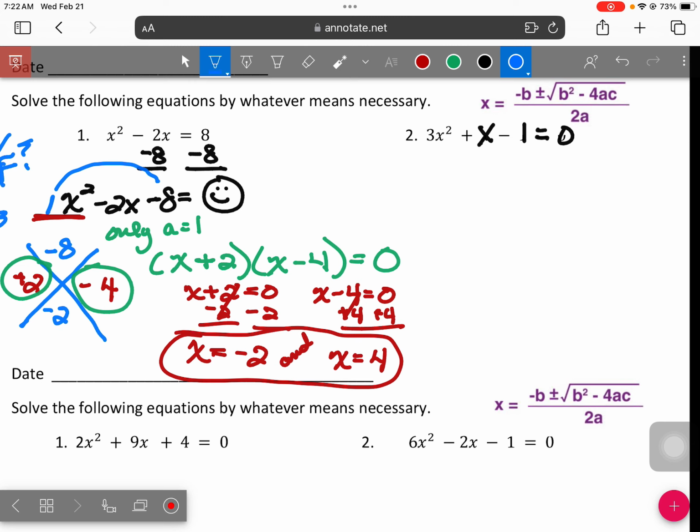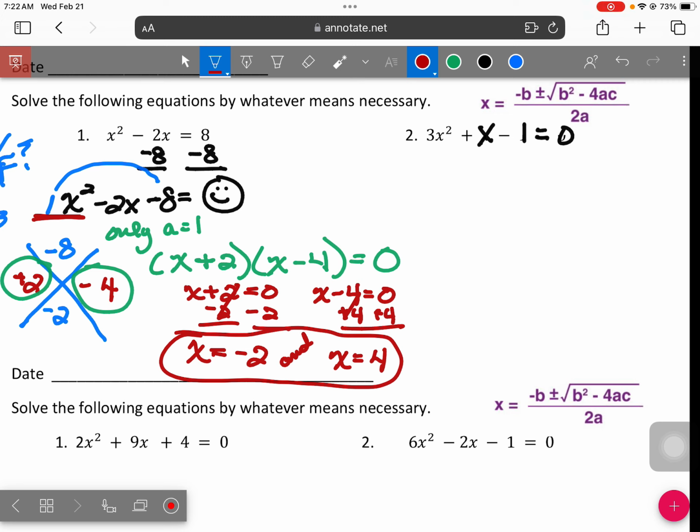Yes. Okay. Do we want to try to factor it? No? Want to go right for the other one? Okay. Honestly, I don't recall if it's factorable or not, so let's just go with the quadratic formula.